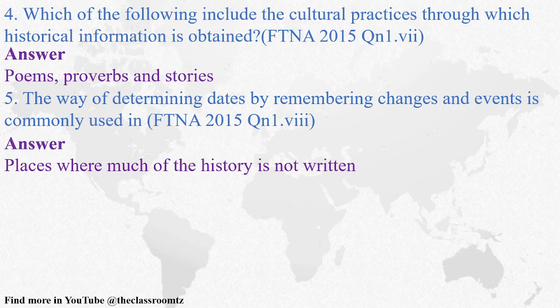If we don't have books or documents to refer to, or when the event was happening the people didn't know how to write, then they remember dates by understanding the actions or events.